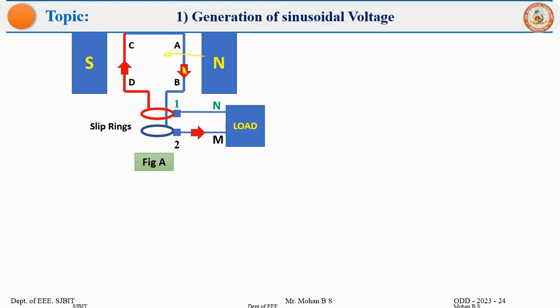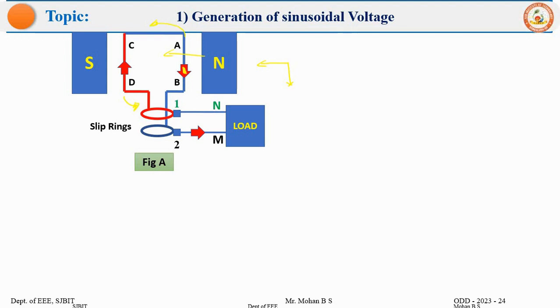The direction of field is north to south. This is the direction of induced EMF. So what is the direction of rotation of the coil? Please pause the video, analyze, and then you can check. Yes, if your answer is that AB is moving in this direction and CD is going in the downward direction, then your answer is correct. In the sense, the coil is being rotated in the anti-clockwise direction.